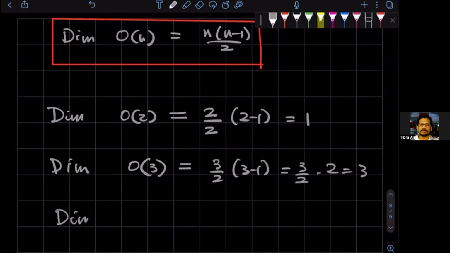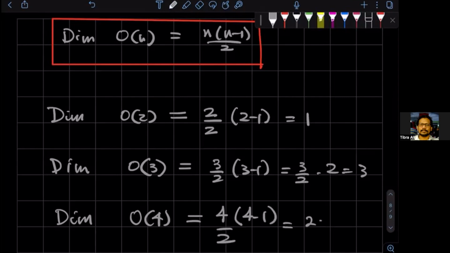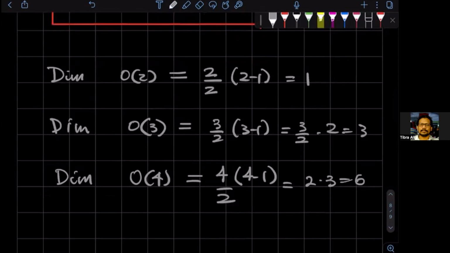And what about the dimension of O(4), which is a close cousin of the Lorentz group? It's as if the Lorentz group if spacetime didn't have a time direction, that's what it would be. Here n is 4, so 4 times 3 divided by 2, which is 6. Okay, so on and so forth.